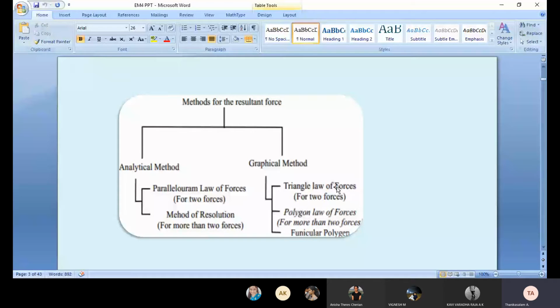Triangular is a purely graphical method. For the parallelogram, we have the formula R equals square root of F1 squared plus F2 squared plus 2 F1 F2 cos theta. And in the method of resolution, R equals square root of summation H squared plus summation V squared. We are going to solve problems based on the parallelogram law of forces and the method of resolution.